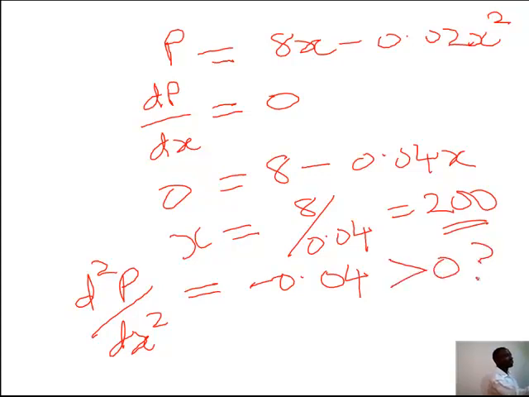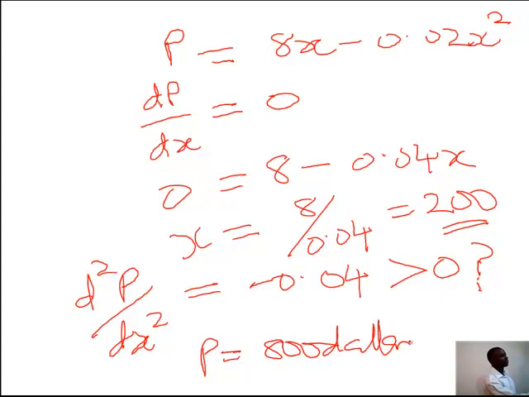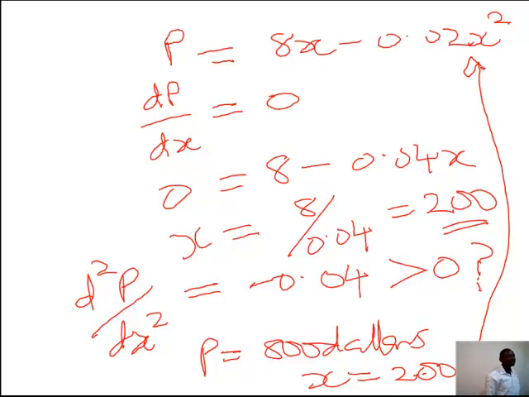No. So since this is not greater than 0, then we say our answer is maximum. So we are going to have our maximum profit to be $800 and our maximum barrel to be 200 barrels. You know how we got the 800? We just substitute the value of x into the expression, then we get our answer. Let's move on.